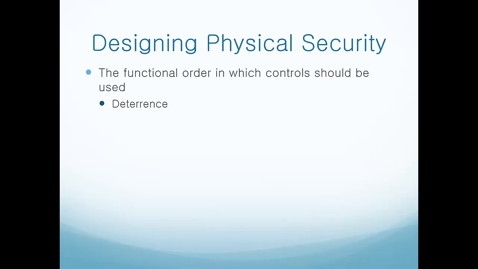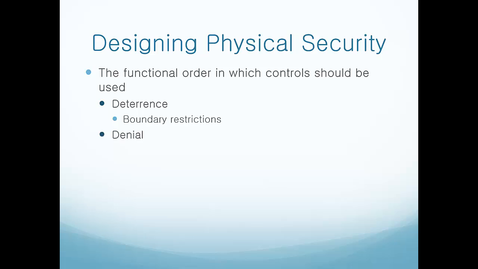So we have to somehow discourage anybody from violating the security of a facility, and a warning sign or anything that makes the potential attacker aware of the consequences of an attack could work as a deterrence. So for example, boundary restrictions could serve as a deterrence.